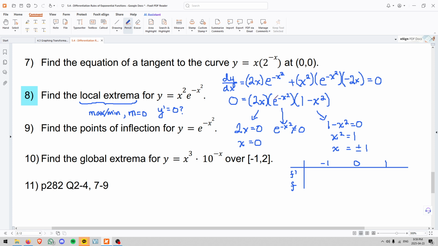Wait, a negative times e to the power, still a positive, because remember, as an exponential, it wouldn't be a negative. And that negative in front of the x squared means I have horizontally flipped. So it's still never going to be a negative value.